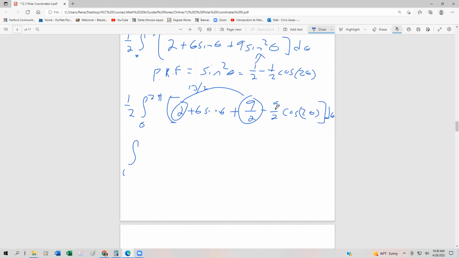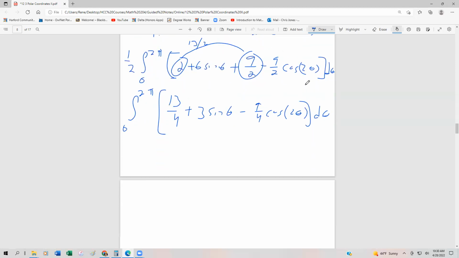So we're looking at an integral from 0 to 2 pi of 13/4 plus 3 sine of theta minus 9/4 cos of 2 theta, d theta. Finally, we can integrate term by term and then be done with this.